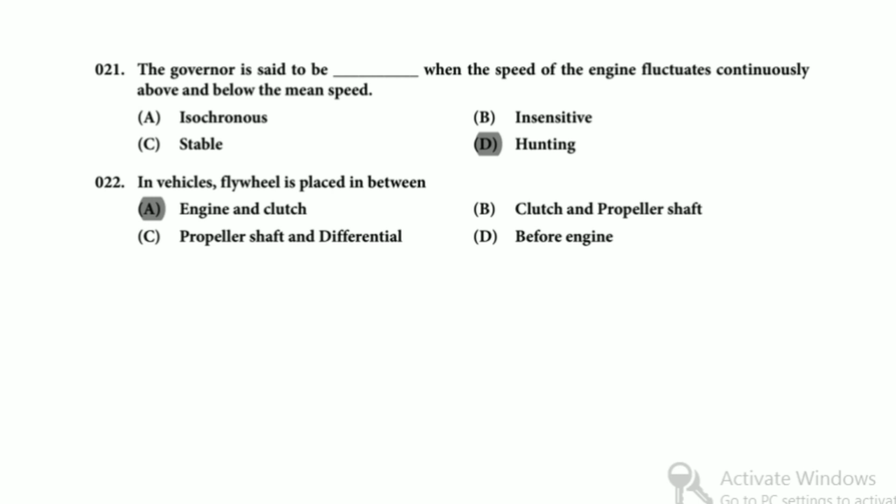So the answer would be D, hunting. The others, isochronous, insensitive and stable, are other terms regarding the governor that you can refer to.